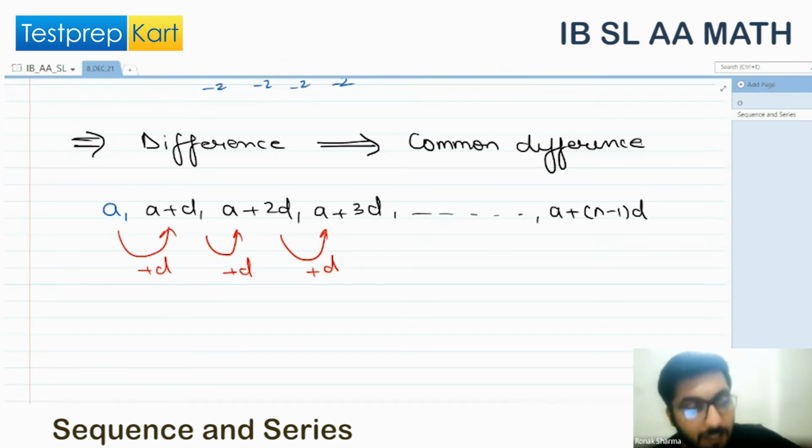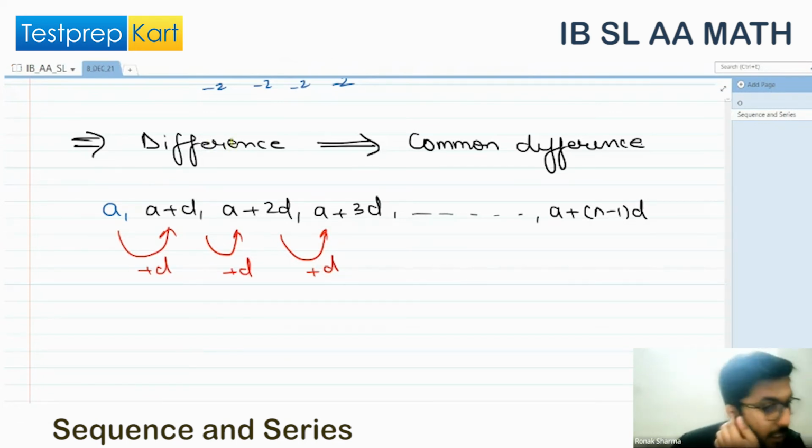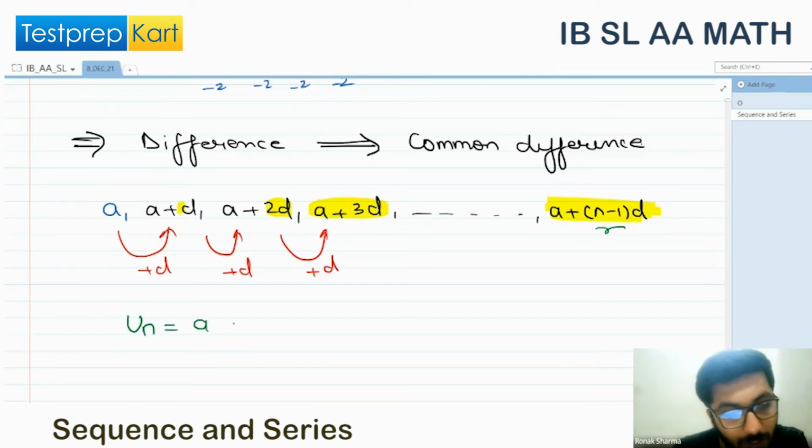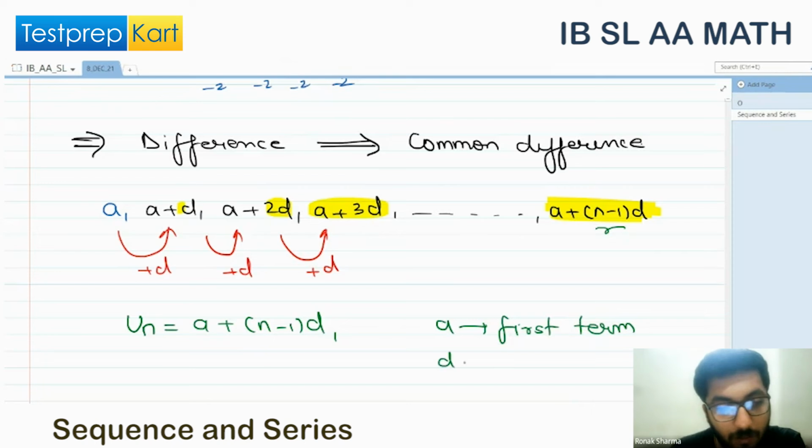See, can you see, Sana, that in the second term I'm having the coefficient of d to be 1. In the third term, the coefficient of d is 2. In the fourth term, the coefficient of d is 3. So it is 1 less than that. So the nth term will have the coefficient of d to be n minus 1. So here un is given by a plus n minus 1 times d, where a is the first term and d is the common difference.